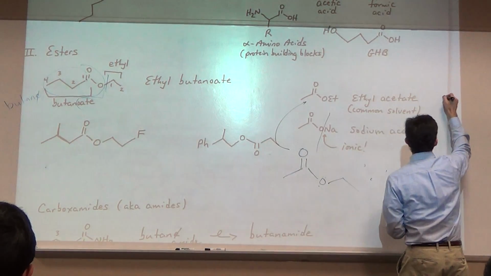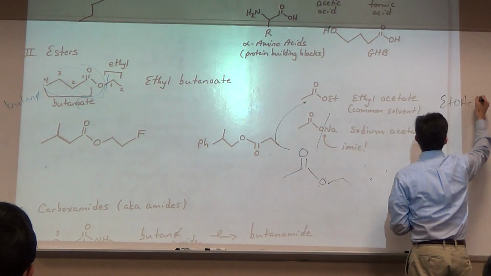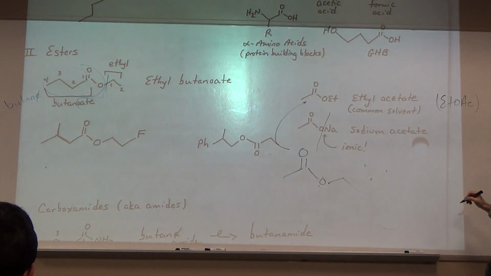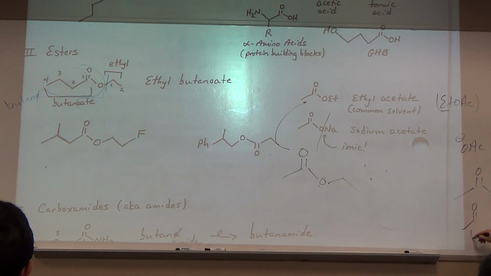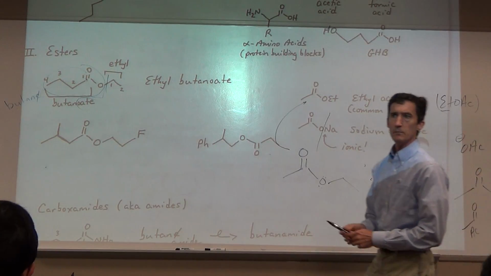Ethyl acetate is usually abbreviated like this, because that's ethyl, and acetate is like that. If it's just acetate, that's acetate, because that's an acyl group with an oxygen, OAc, with the anion. Okay, it's all there. But you should know acetate.